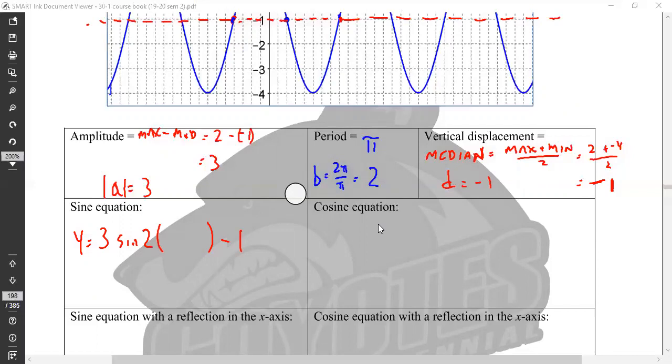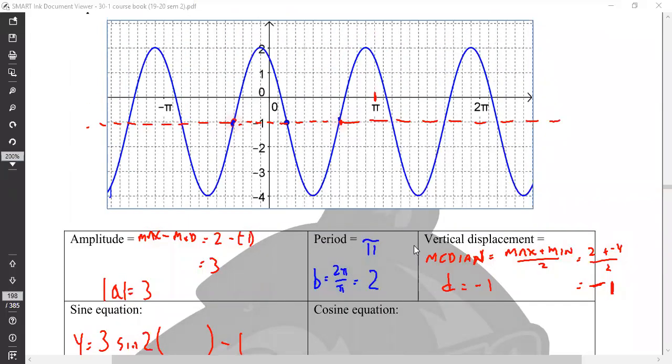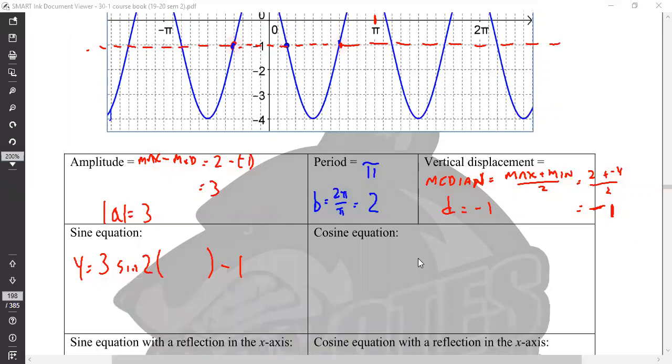All of these equations are going to kind of look like that. They're going to have an a of 3, a b of 2, and a d of -1. The only thing that's going to be different is the sign, the positive or negative on your a, and what happens in these brackets. The c value is going to be different. And so when we do this, what do we have here? Where's the start point for sine? We usually take the smallest or the least phase shift.